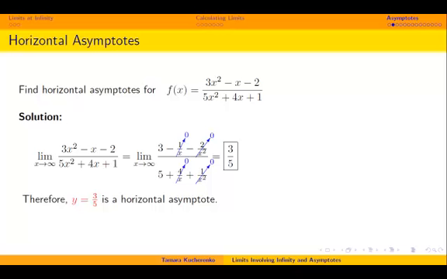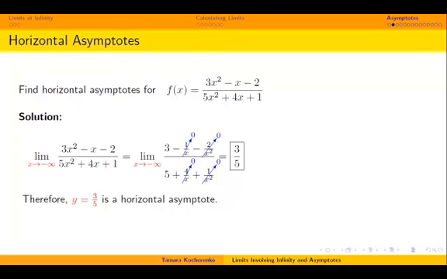Notice that nothing changes in the computation if we replace infinity by negative infinity. Therefore, the limit at negative infinity is also 3/5, and the function approaches the line y equals 3/5 at both infinities.